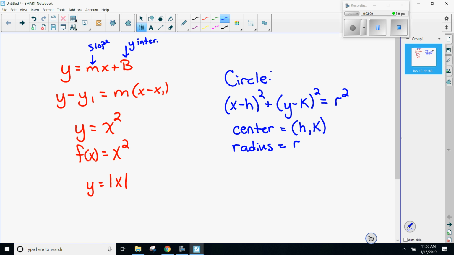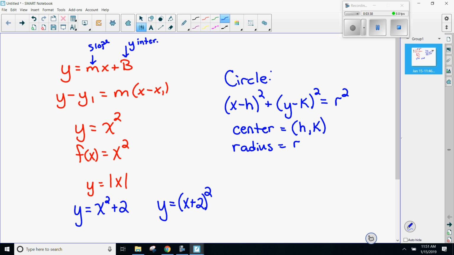Now remember when we talked about a parabola, if I go back to my parabola and I say y is equal to x squared plus 2, what did that do to your parabola? What did it do to it? Moved it up 2. If I were to write it this way, if I said y equals x plus 2, that quantity squared, now what did it do?